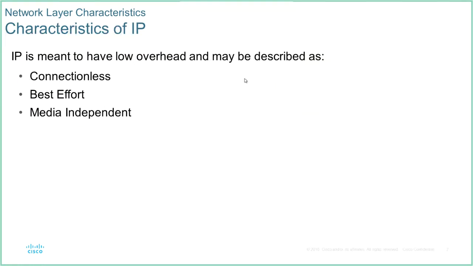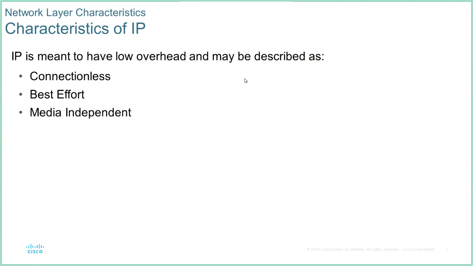if you like. So IP is meant to be low overhead and it is connectionless because it doesn't basically do error detection and correction and that sort of stuff. It just transports the data it has.